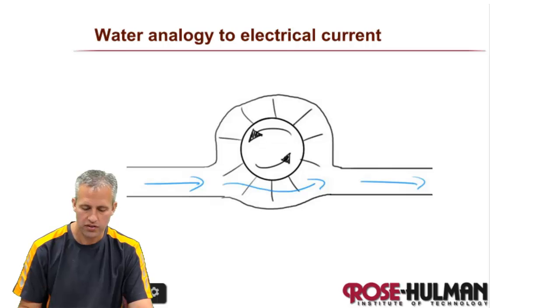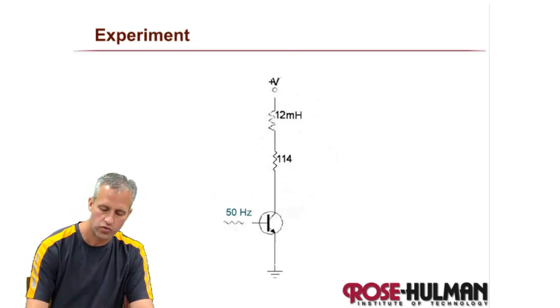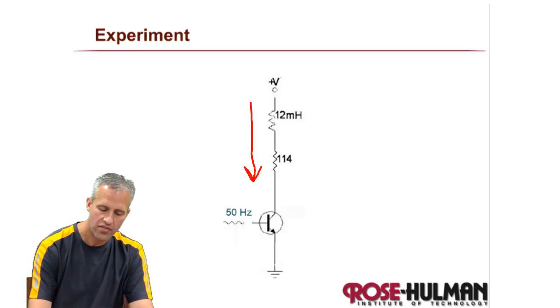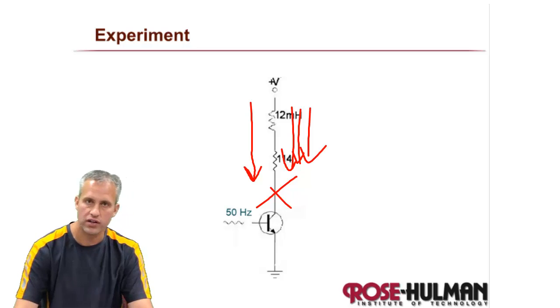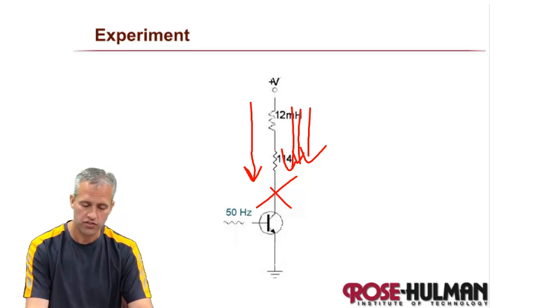The problem is, if you were to do an experiment with this, you would drive this thing, it would be on, life would be good, and then if you turned it on and off rapidly or just turned it off, this shows turning it on and off at 50 hertz. As soon as you turn it off, that inductor is not happy, because it wants to keep flowing current, but there's nowhere for it to go because the transistor just got turned off.